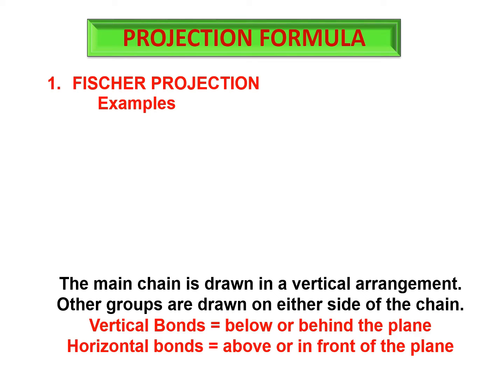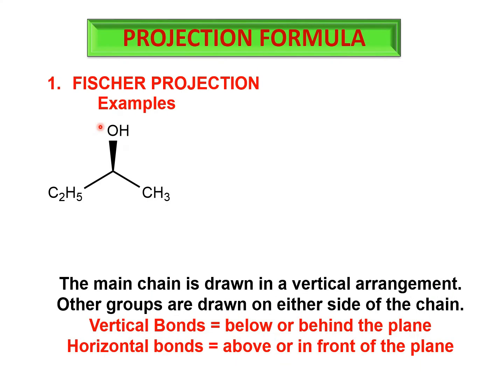Now let's explain this with the help of an example. We have this molecule, 2-butanol. We have 1, 2, 3 and 4 carbon atoms in the chain, and on the second carbon we have a hydroxyl group attached. So this is 2-butanol, and this carbon right here is an asymmetric carbon.